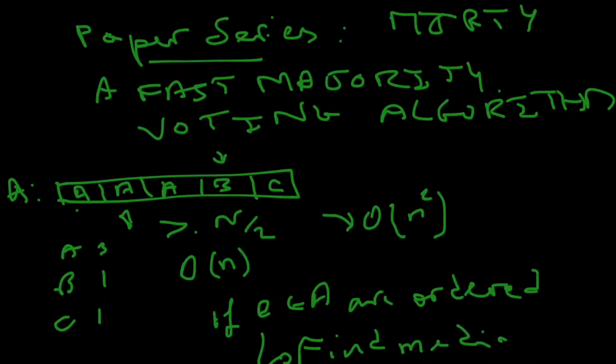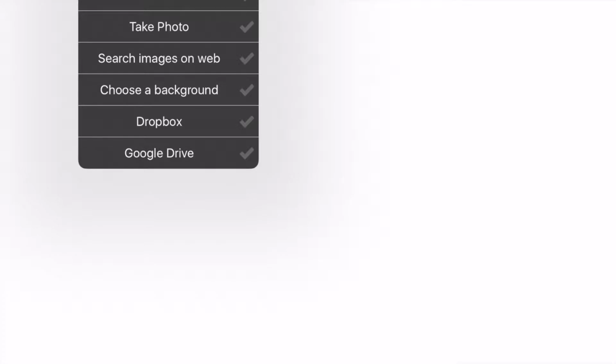We can find the median using this algorithm called the Rivest-Tarjan algorithm. Then we can check whether the median has received more than half of the votes, and with that we can find the majority.